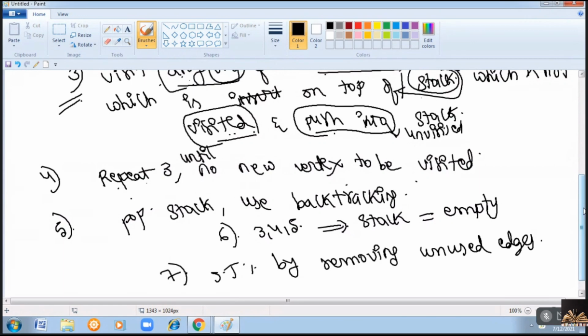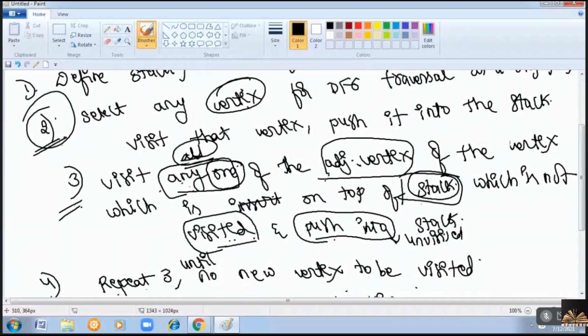So here what you are doing, you are considering any vertex as a starting point for traversal. You will push it into the stack. Now that will be the top of the stack, right? You consider the top of the stack and visit any one of the adjacent vertices which is not yet visited, and you push that into the stack.